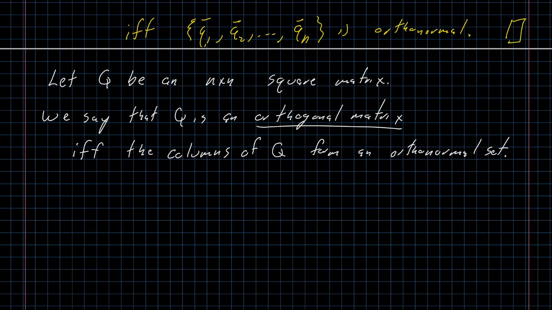So we're going to look for a square matrix where the columns form an orthonormal set. And that's what we mean when we say we have an orthogonal matrix. So the matrix isn't orthogonal to anything. The column space of the matrix is given naturally an orthonormal set as its basis. And that in and of itself is going to have some very valuable properties.